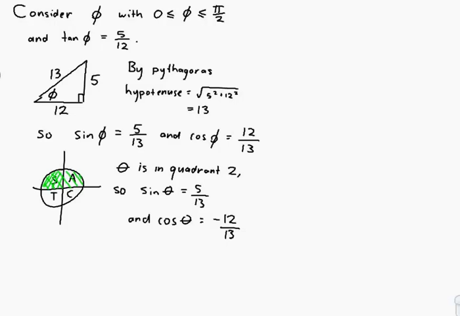So since theta is between 0 and pi, theta is unique. And that answers our question.